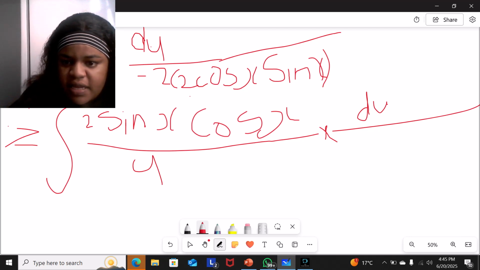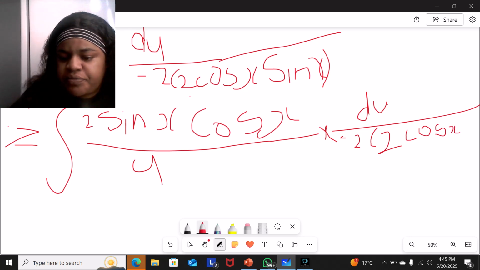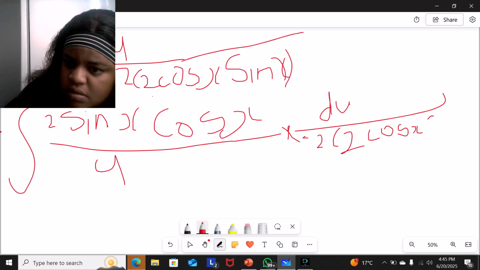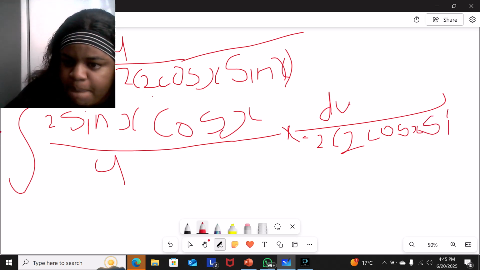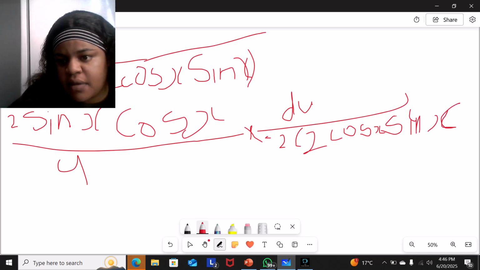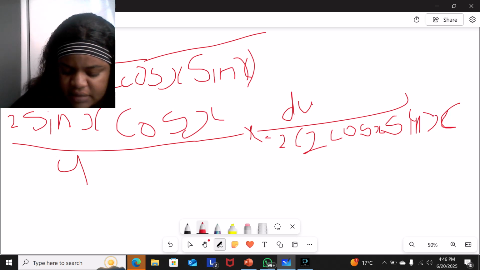It's this one you can see, which is negative 2 cos x sine x.